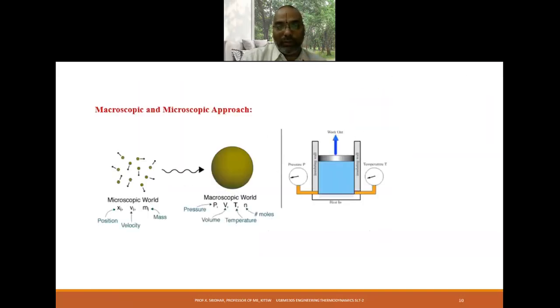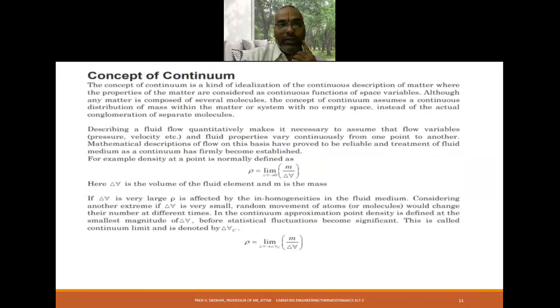For pressure, volume and temperature, we consider only the average effect of the molecules in the macroscopic. But in the microscopic, we have to consider each individual element, the ith molecule.